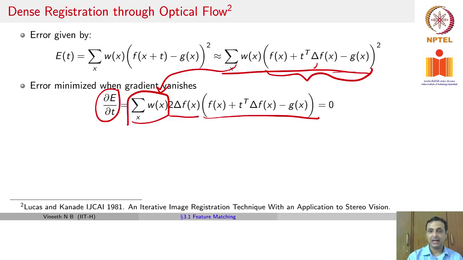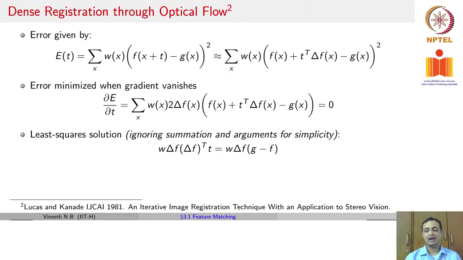So now, simply expanding this equation, you can take terms out on both sides and write this out. We're just going to ignore the summation and the arguments for simplicity of explaining this. If we ignore those, you'd have w into delta f transpose. These terms are branched here.